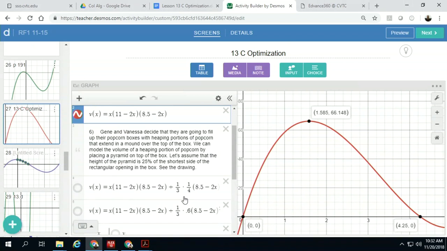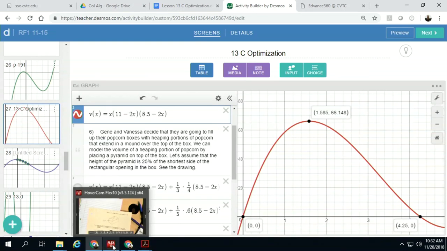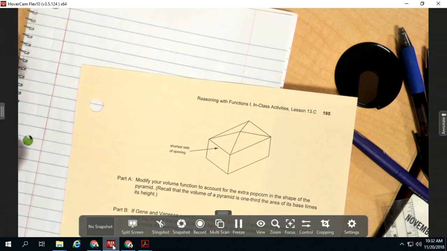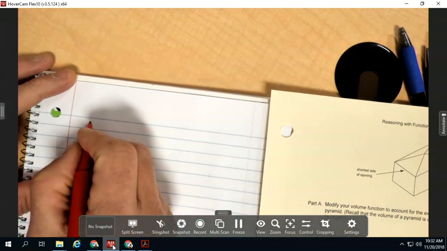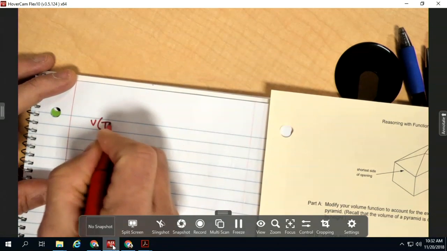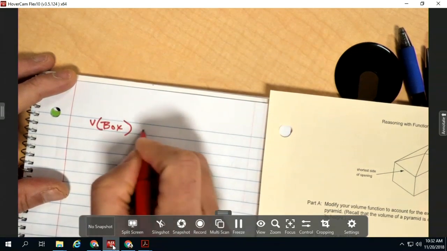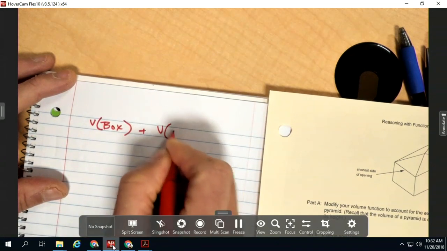Let's do the math on page 195. Modify your volume function to account for the extra popcorn. Okay, so we're going to have the volume of the box plus the volume of the pyramid.